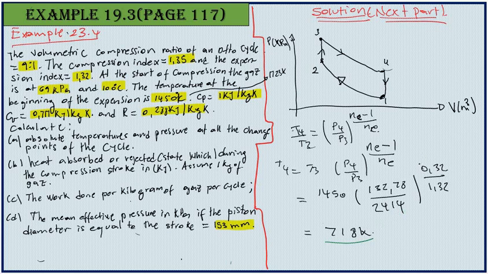So finally I have all the points on each corner, so pressure and the temperatures. Now the second question is, they want me to determine the heat absorbed or rejected during the compression stroke.